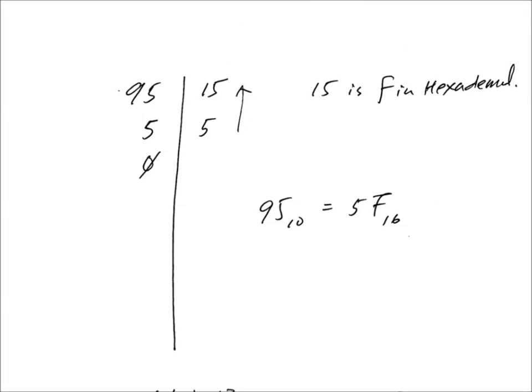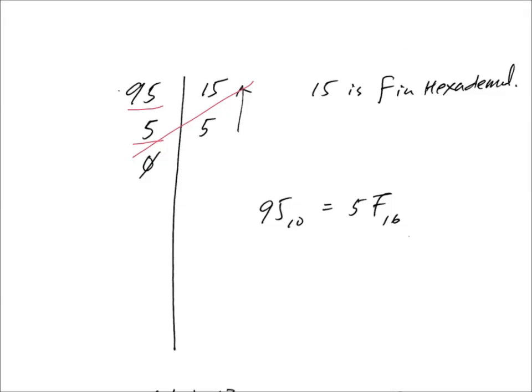Okay, let's take a look at one more example. 95. What is 95 in hexadecimal? Again, we divide 95 by 16. If you divide 95 by 16, the quotient will be 5 and the remainder will be 15.